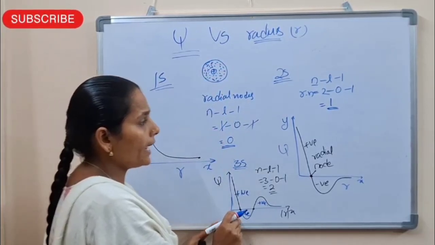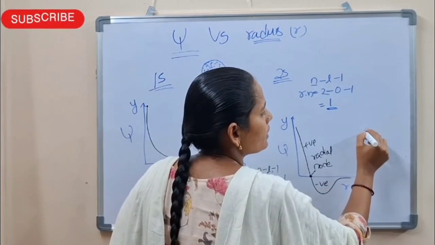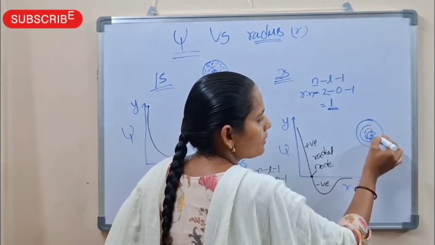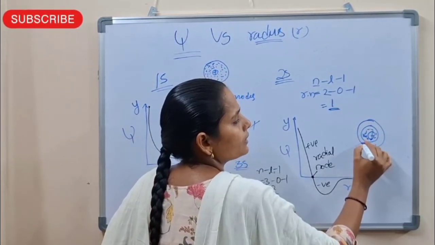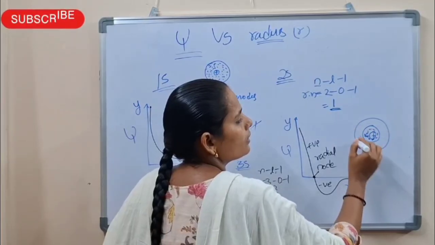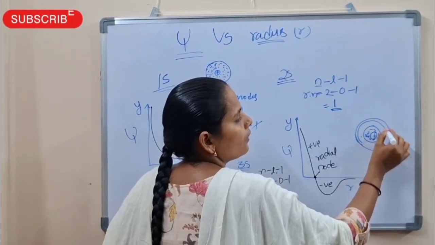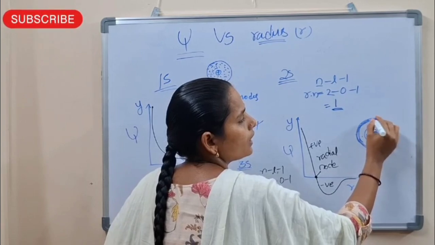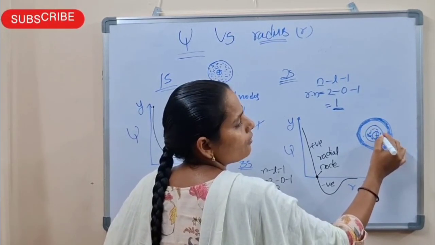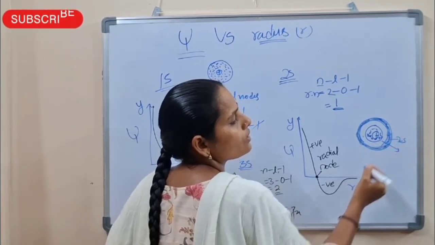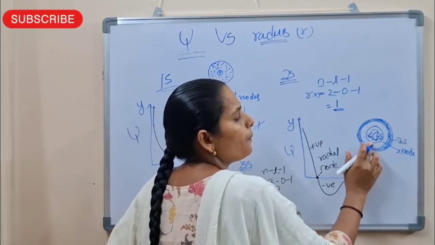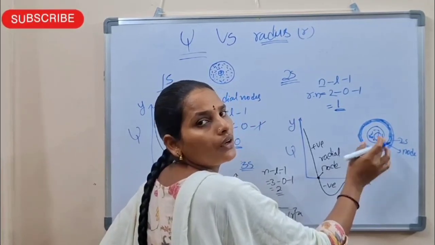If you take the 2s orbital, this is the nucleus, this is the 1s, and this is the 2s cloud. Between 1s and 2s there is a gap, and that gap is the node. Here the probability of finding the electron is 0.